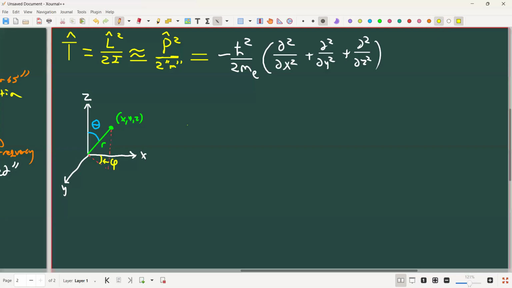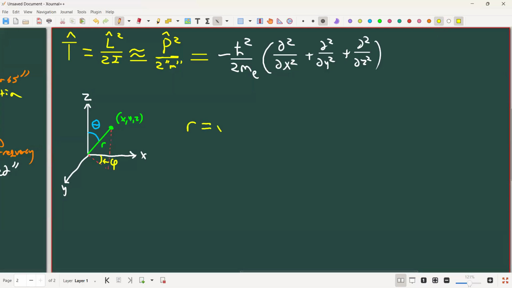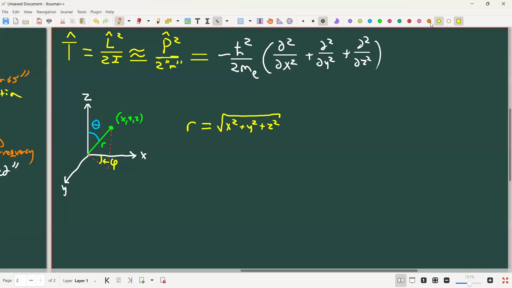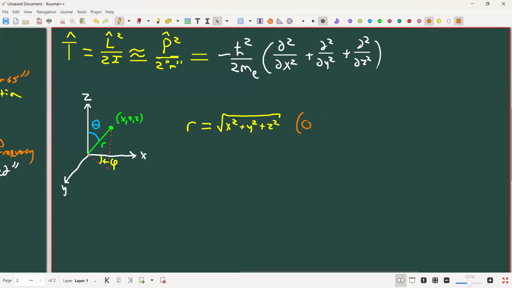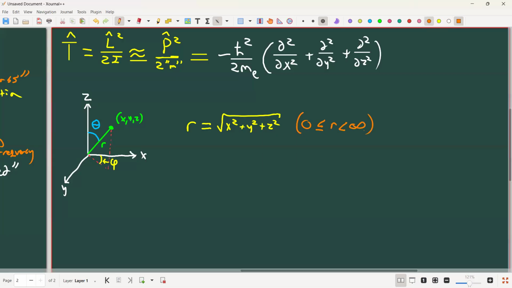So r is just the length of the vector, which is the square root of x squared plus y squared plus z squared. Of course, that can be any value greater than or equal to 0. It defines the size of the sphere that my electron can exist on.